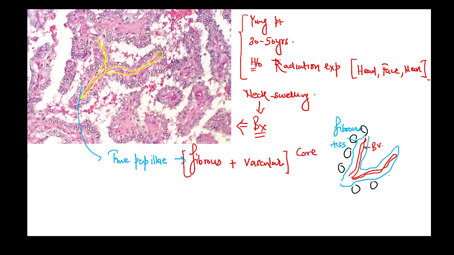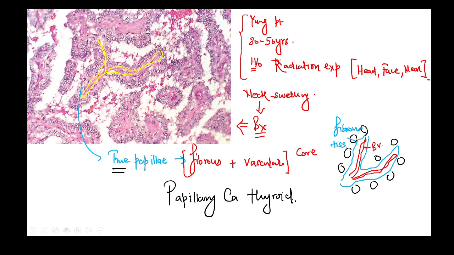That is why it is called papillary carcinoma, right? So the fibrovascular core is forming a true papillary pattern, and this cancer of thyroid is the papillary carcinoma of thyroid, right?